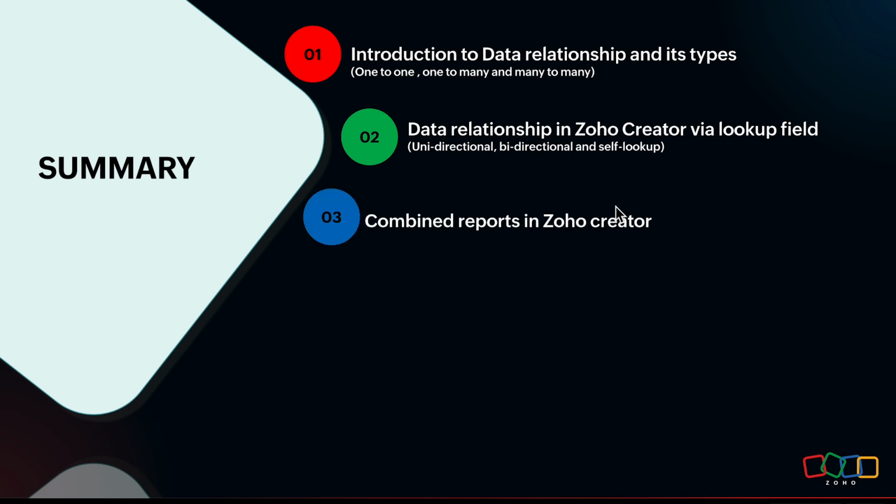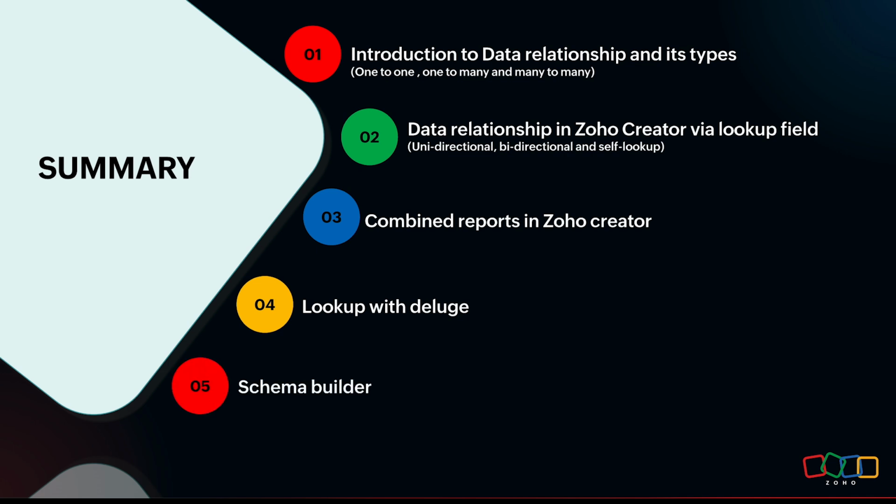Then we also learned about, based on the relationship that you have built, how you can create combined reports in Zoho Creator. And then using your Deluge scripting language, how you can bring in automation based on the relationship that you have within your application, right? And to view all these relationships, we also learned about a developer tool called Schema Builder in Zoho Creator, right?